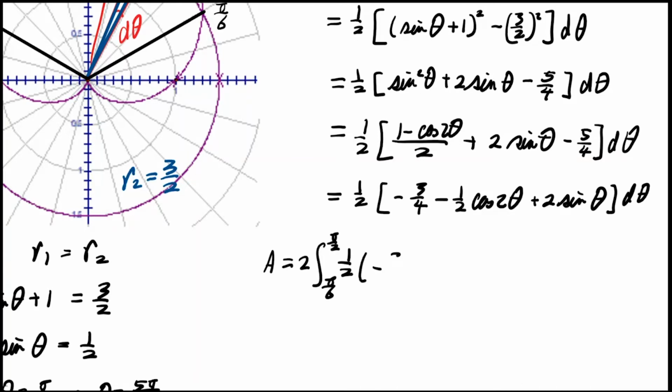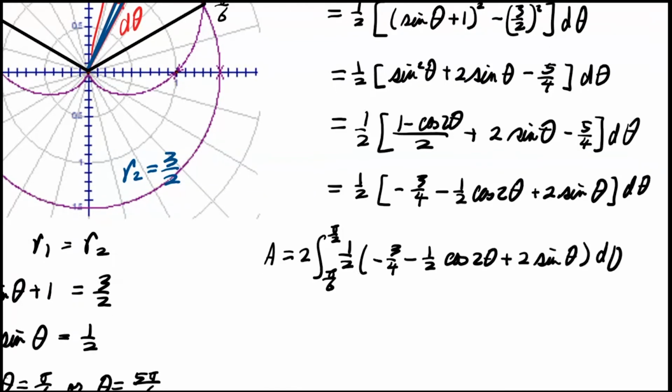And then we have -3 over 4 minus 1/2 cosine 2 theta plus 2 sine theta d theta. Oops, my mouse is getting in the way. Okay, let's show our integrity. And those of you watching this video, the definition of the word integrity, of course, means ability to integrate naturally, right?